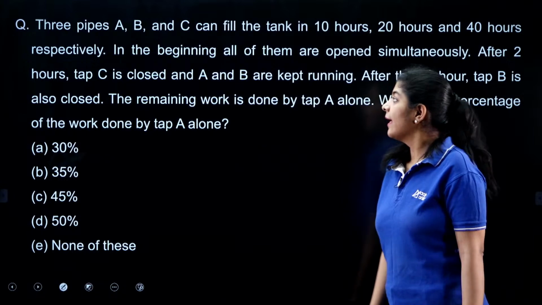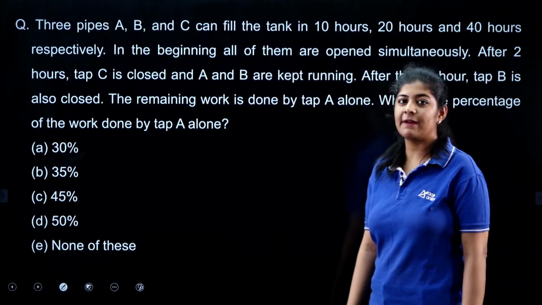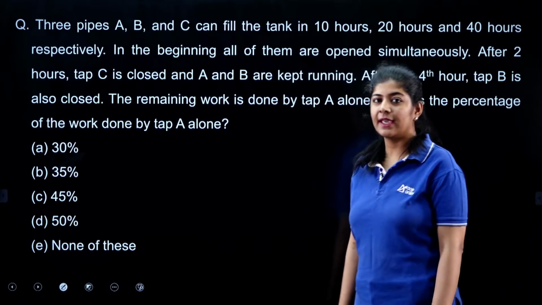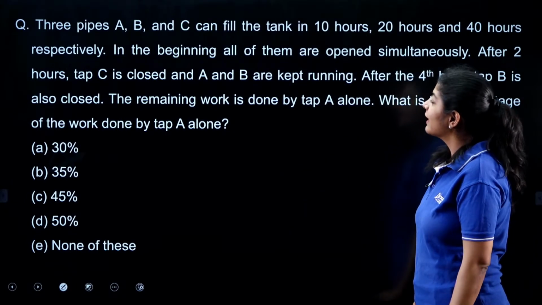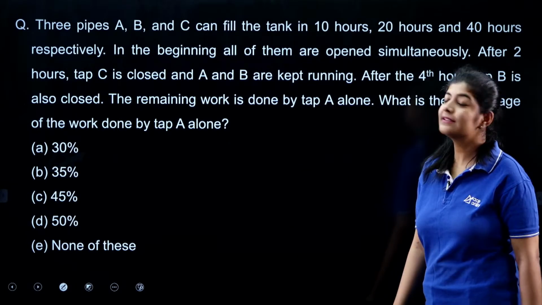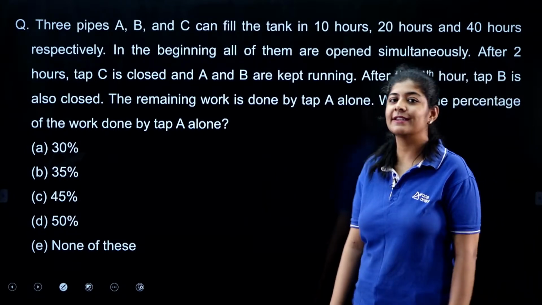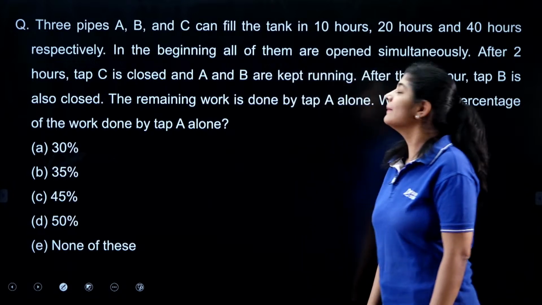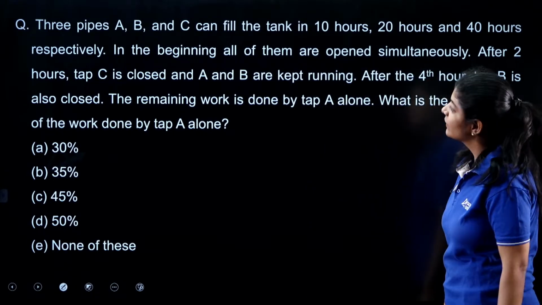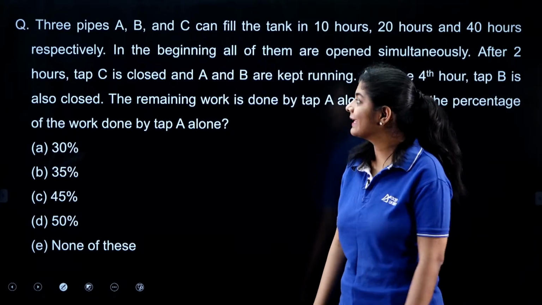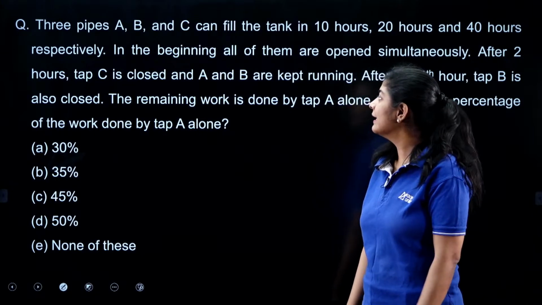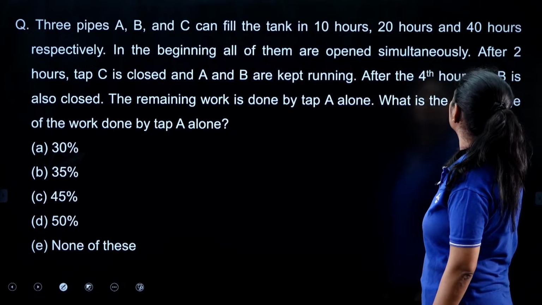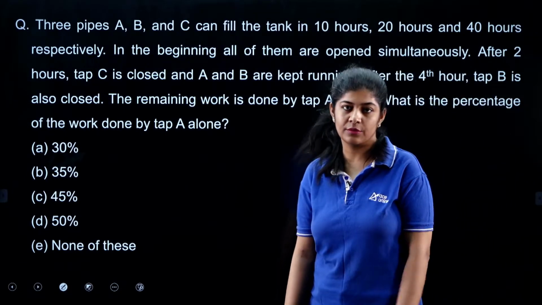Next. The next question is from the concept of pipes and cisterns, and the question is saying that 3 pipes A, B and C can fill the tank in 10 hours, 20 hours and 40 hours respectively. In the beginning, all of them are opened simultaneously. After 2 hours, tap C is closed and A and B are kept running. After the 4th hour, tap B is also closed.